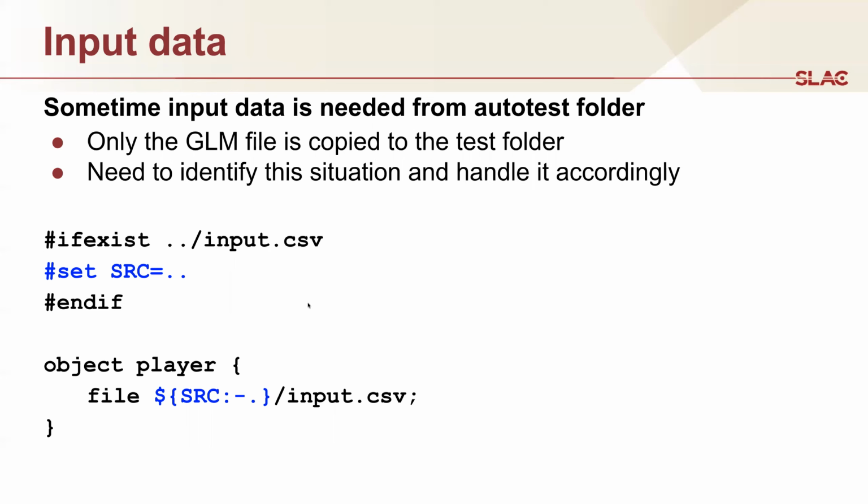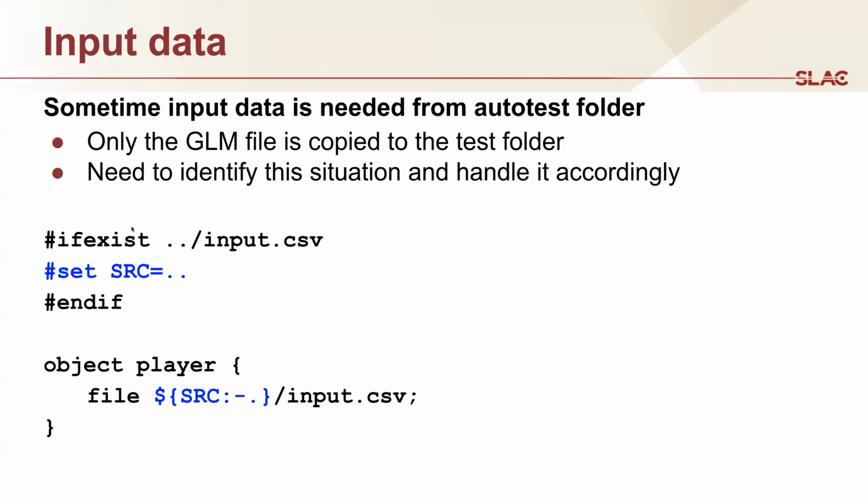So here's an example where the input data that we want, we need to read the input from the parent folder. If you recall, the Gridlab-D model GLM files are copied into the Autotest folder, but we don't know what the input files are. And so here's an example of reading the input file from the parent folder when it exists in the parent folder.